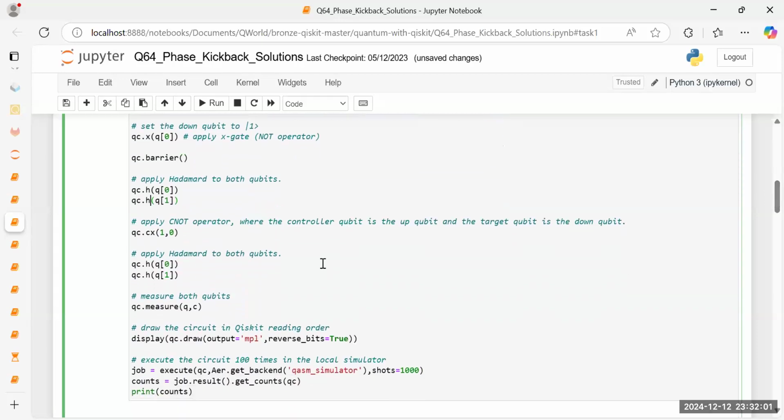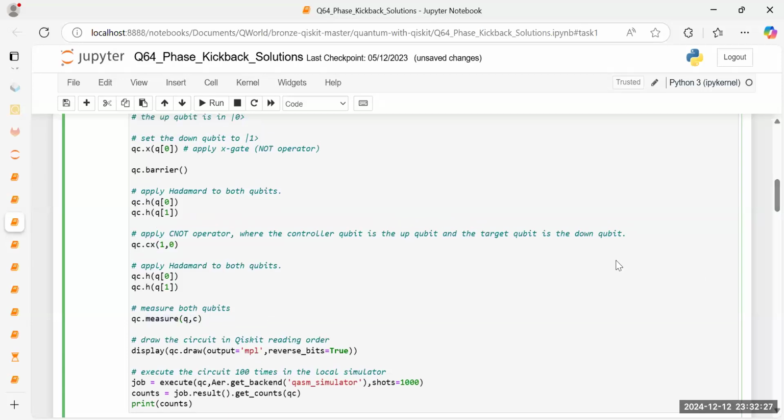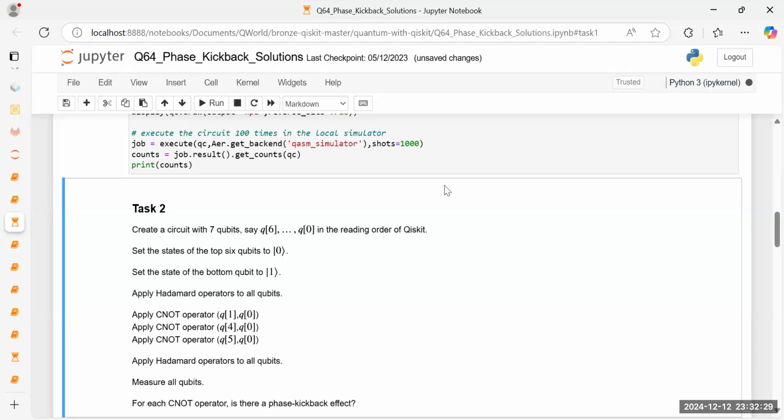And then we apply a CNOT operator where the qubit at location 1 is our control and the qubit at location 0 is our target. Then we apply Hadamard gates once more, then we measure. So if we are to do this, let's see what we get at the end when we measure and retrieve the count.